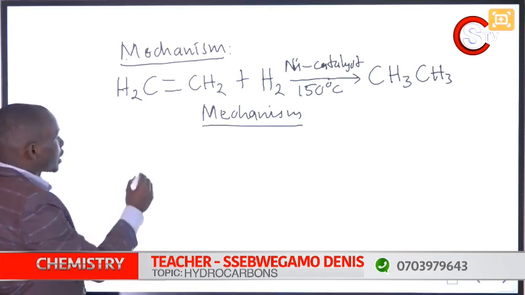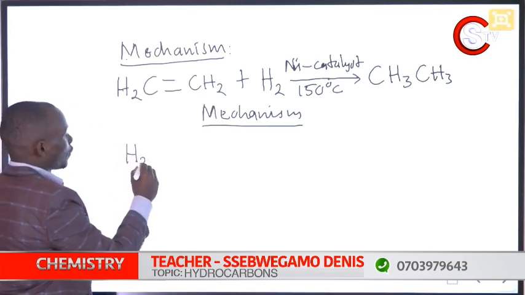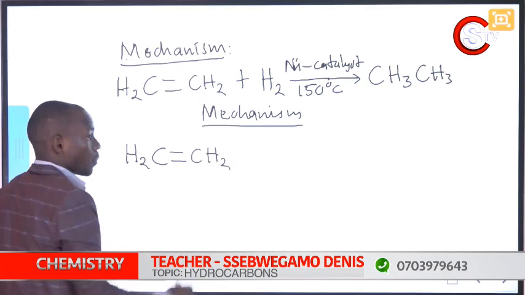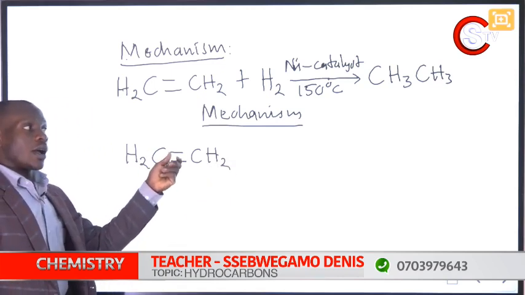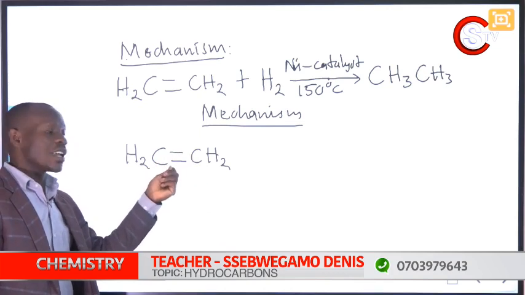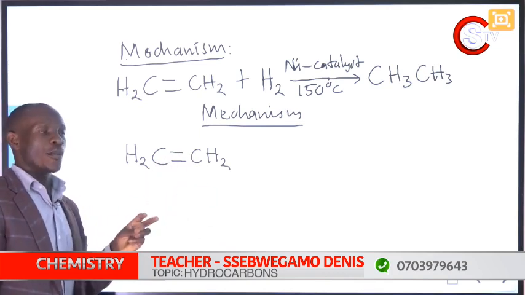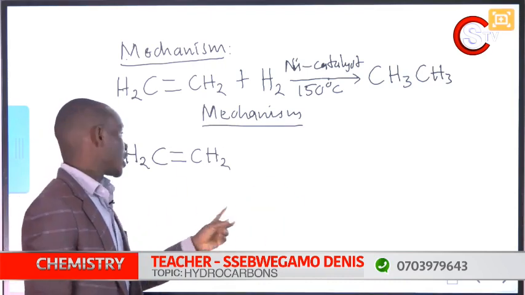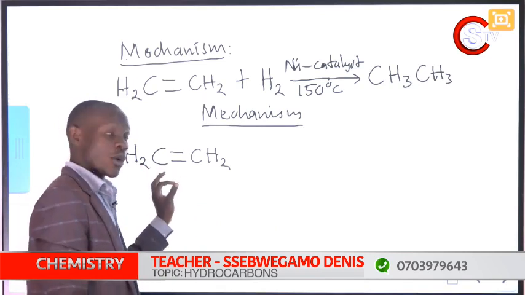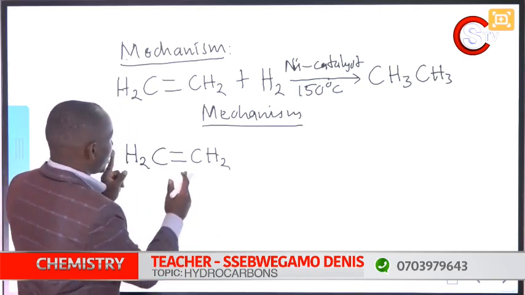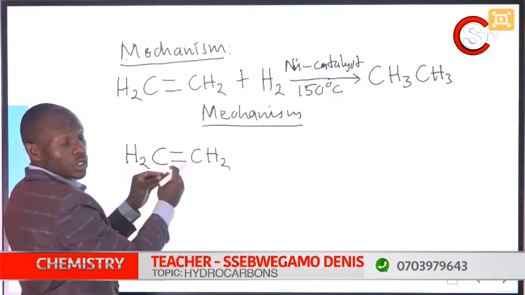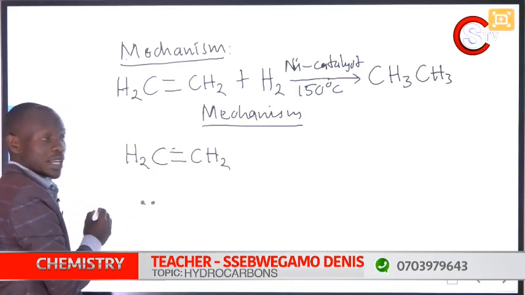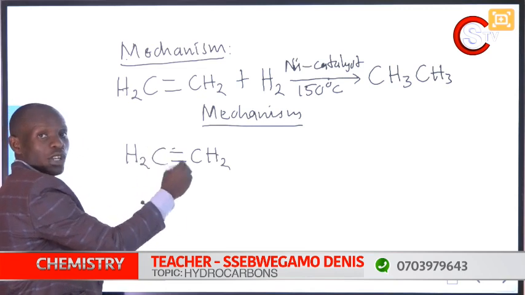Now, alkenes have double bonds. But the bonds mean electrons. So alkenes are electron rich. Because for me to form a bond, we either share or transfer electrons. For example, this is covalent bonding. We share electrons. This carbon atom and this carbon atom share electrons. So each bond consists of 2 electrons that have been contributed by each carbon atom.